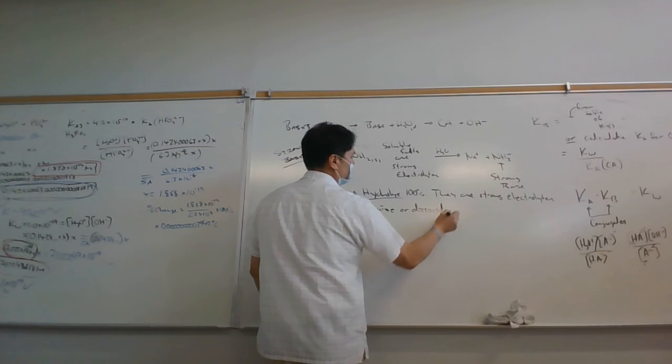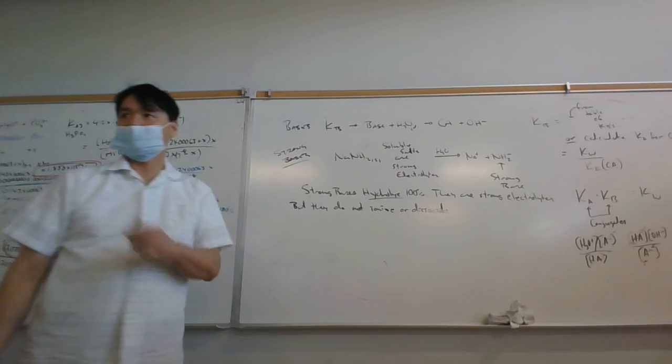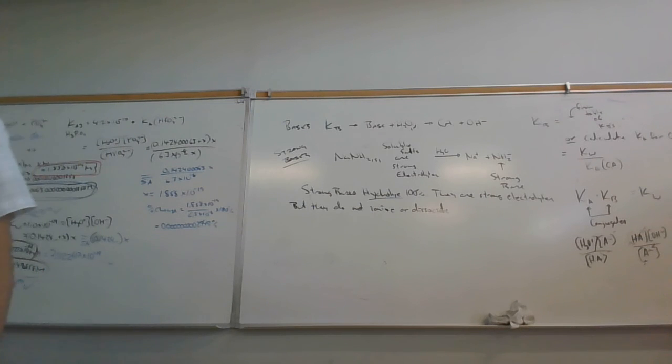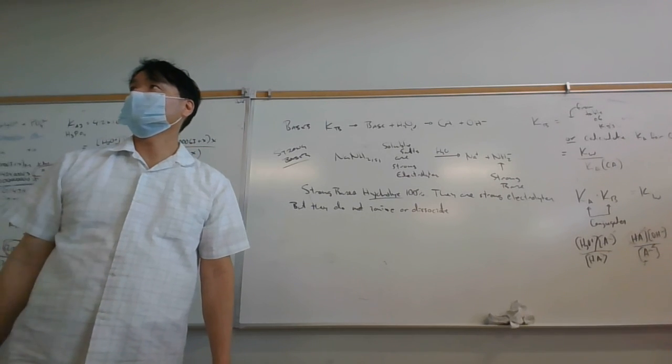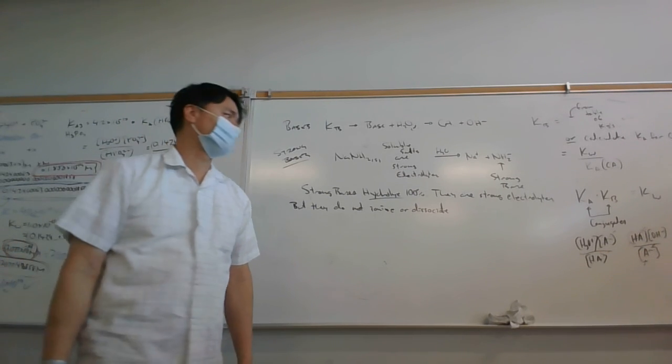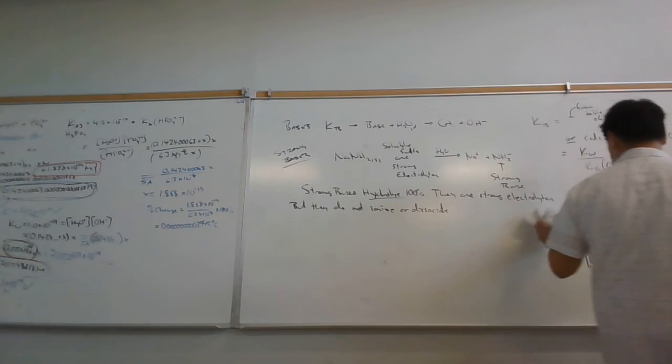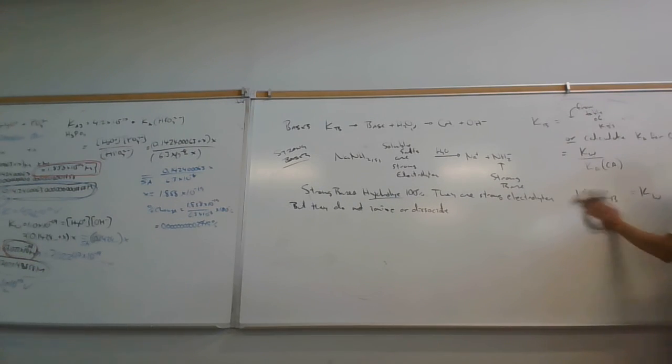So whenever we have a base, we always have to do base plus water. When we have an acid, we have a choice, you know. Like over there, we're just doing dissociation rather than hydrolysis. But for bases, we don't have that choice. We only can do hydrolysis.